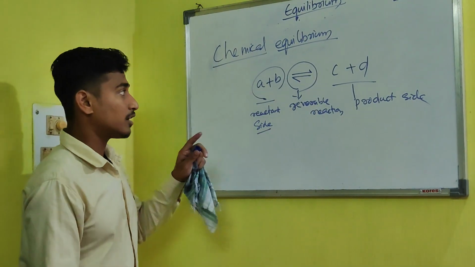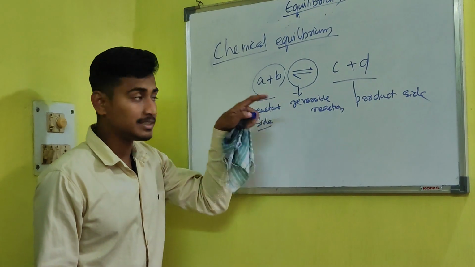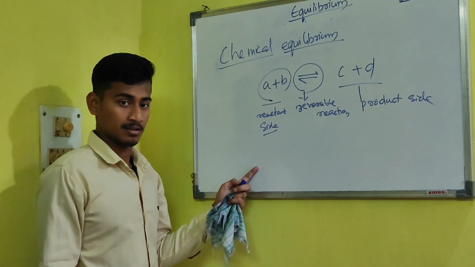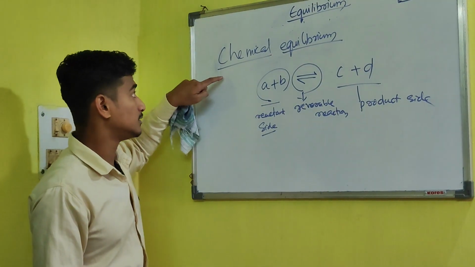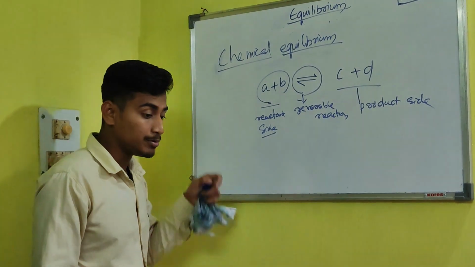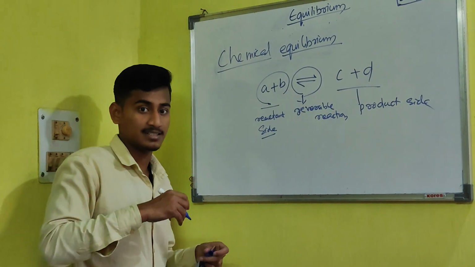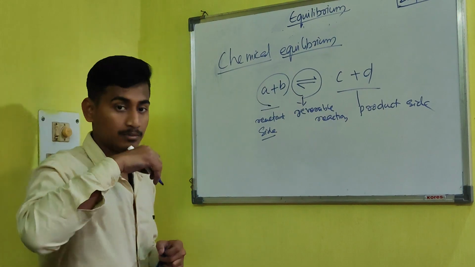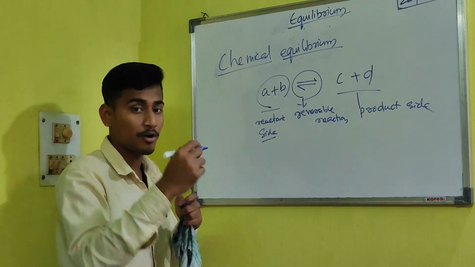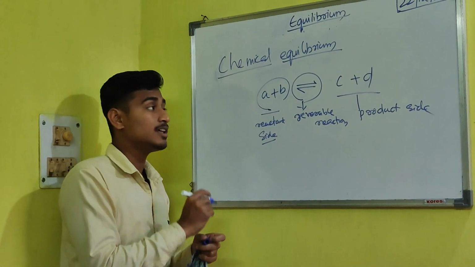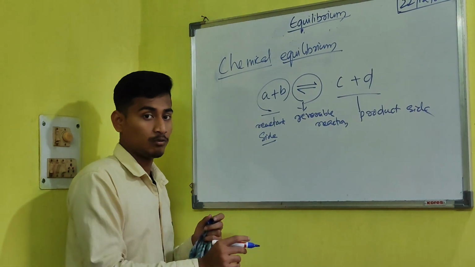In this, the rate of forward reaction is equal to the rate of backward reaction. We can simply see that this is chemical equilibrium. The amount of reactants going to product and the amount of product coming back to reactant, that is known as chemical equilibrium.